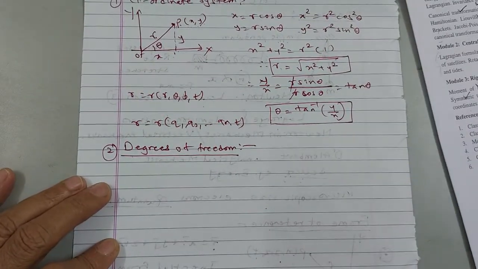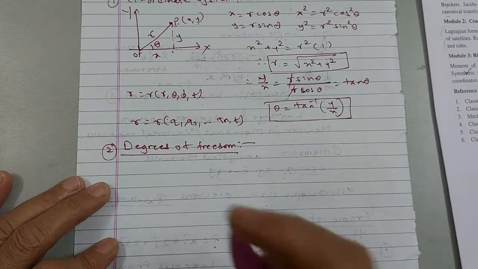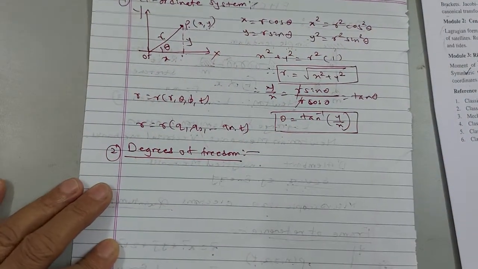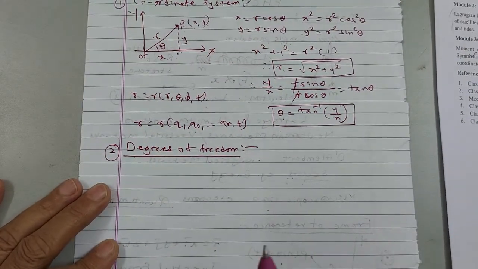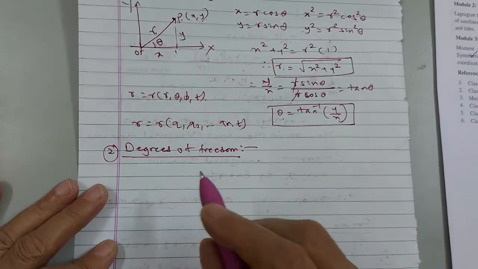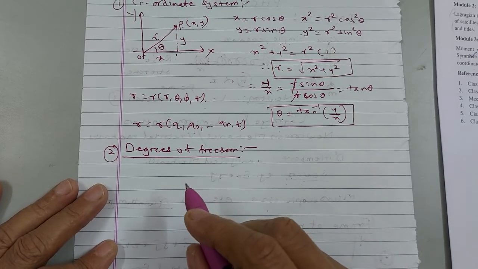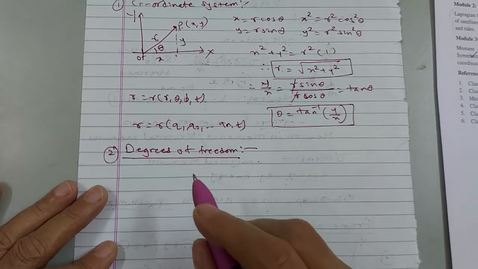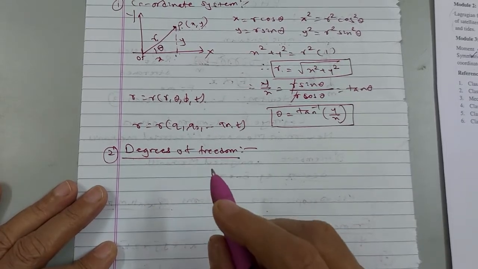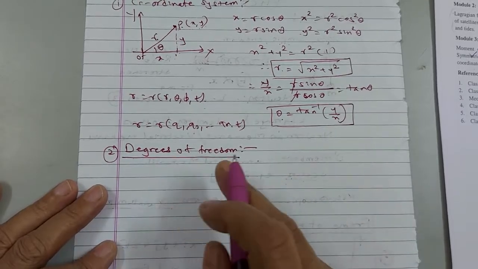What you want here is to explain the minimum number of independent coordinates required to specify the position of a dynamical system consisting of one or more particles, which is called degrees of freedom.